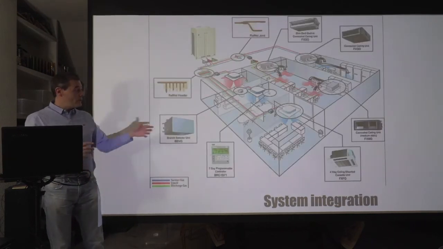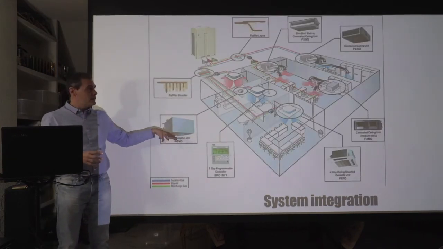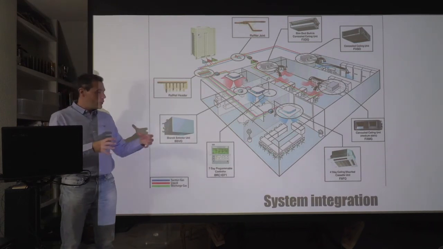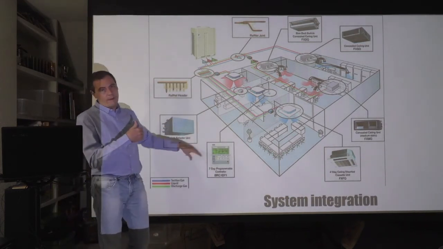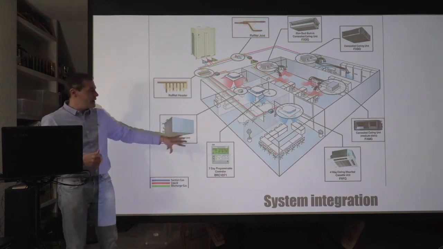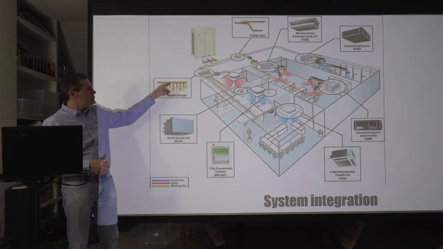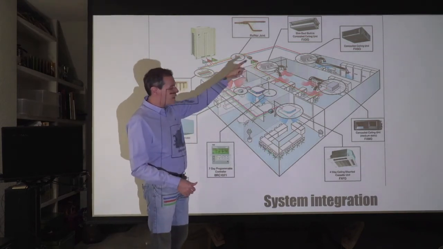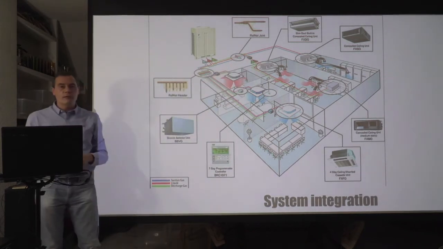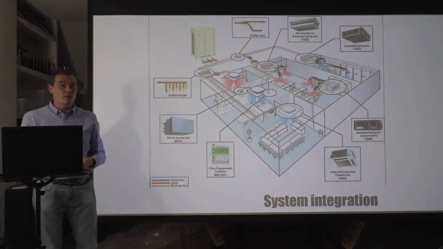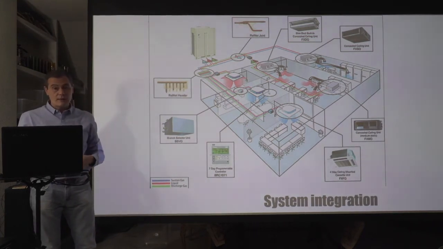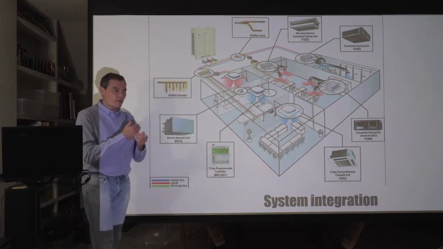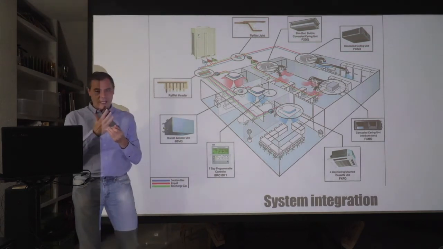And finally, we have to select the devices. It's not only designing, but we have to go to commercial catalogs, and then we have to select the right device that we are going to use. We have radiators, heat pumps, fan coils, split units. We have a lot of things that we will learn over the next few weeks, and we will have to select the right devices, because sustainable building is about sustainable design. So first, we need a good design.